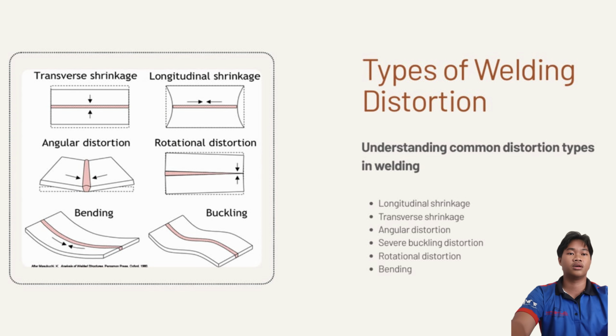Next, there are many types of welding distortion, such as longitudinal shrinkage, transverse shrinkage, angular distortion, reverse buckling distortion, rotational distortion, and bending.